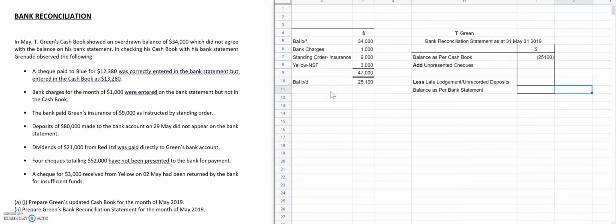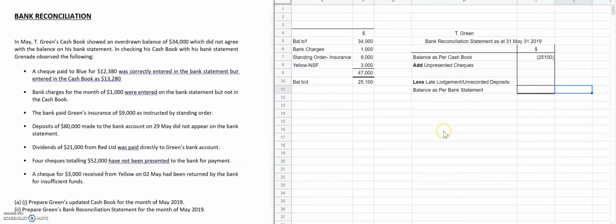Now we're going to go back to the question and we're going to identify the item or items that are unpresented checks from the question. Now the items that we did not enter in the updated cash book, these are the items that we will be looking at. Now here we have 4 checks totaling 52,000 has not been presented to the bank for payment.